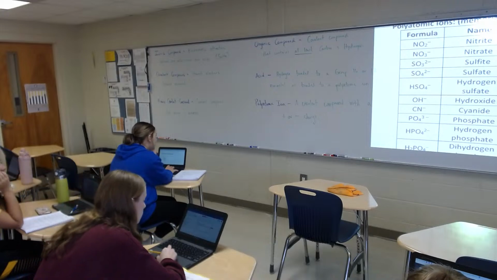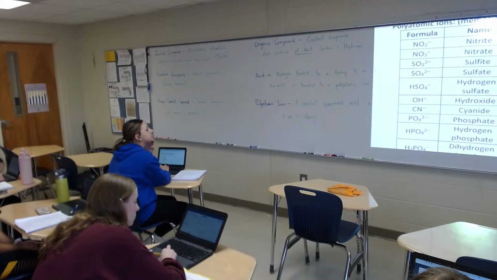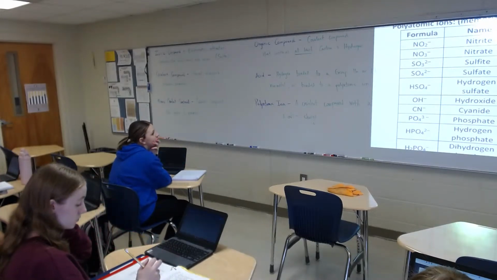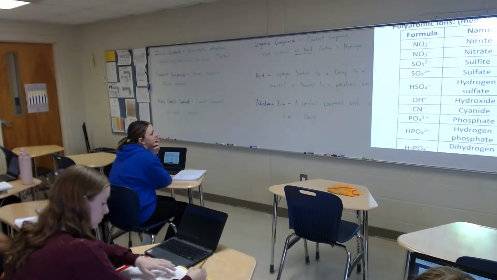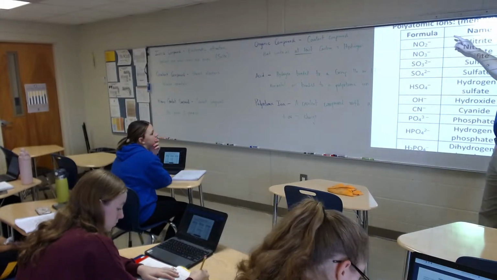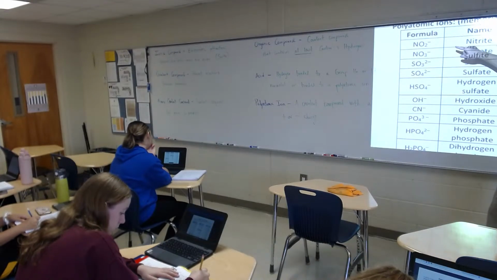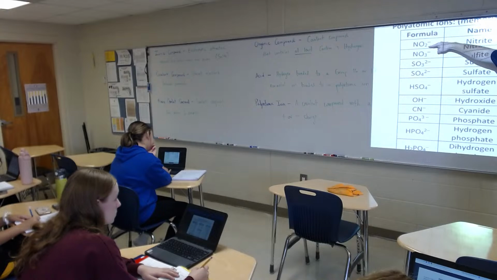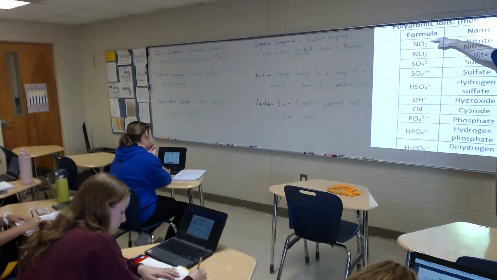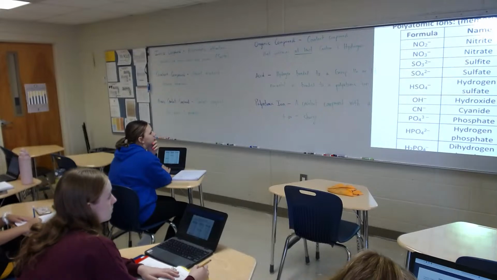Y'all remember the paper that your kindergarten teacher had you write on? Two big lines and a little dash line in the middle, right? So here's what we have to do. For example, nitrite. We say NO2 minus. But what we have is a subscripted 2 and a superscripted minus sign, and we have two capital letters, which is important.